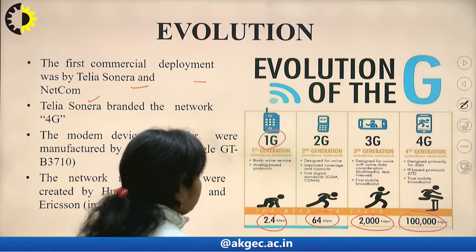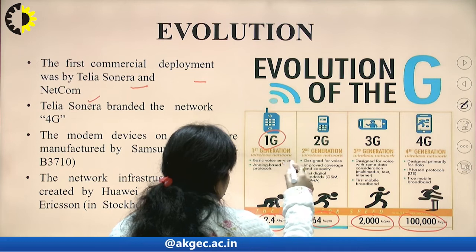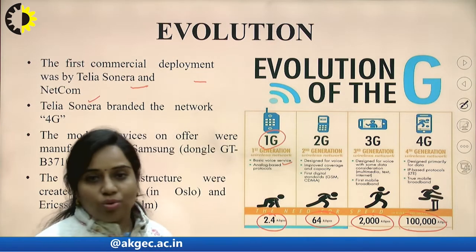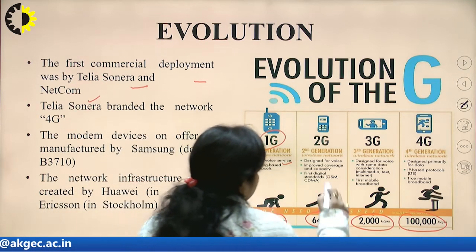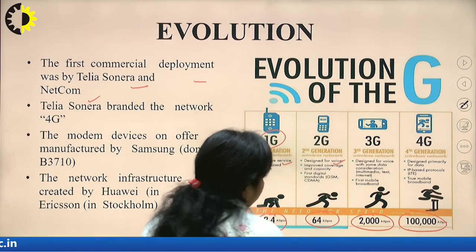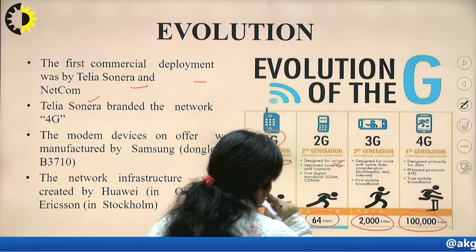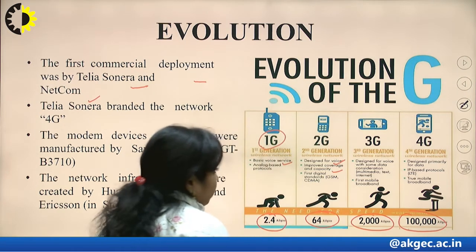You can see that in the first generation, basic voice services are provided. It is not going to provide internet access. Then the second generation is designed for voice and data transmission, and it also improves coverage and capacity.